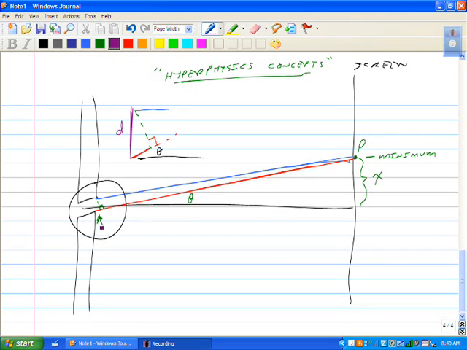For very large values for L, which is the distance between the screen and the slit, and very small values of d, in other words, if L is much bigger than d, then we can do some small angle approximations.